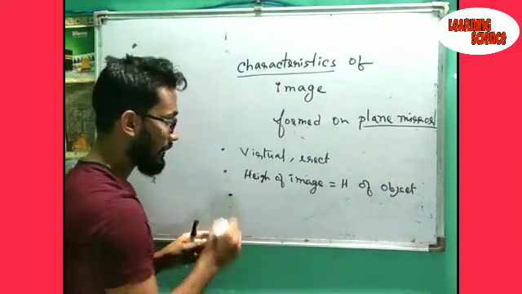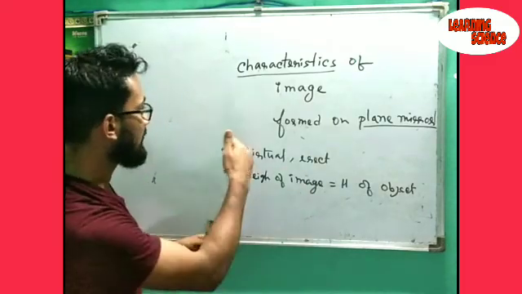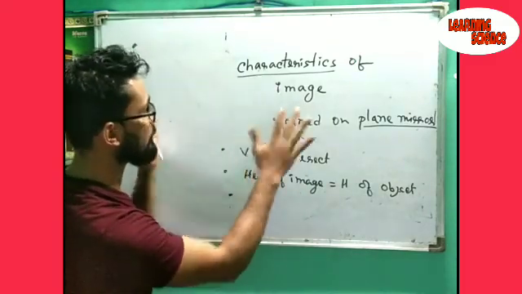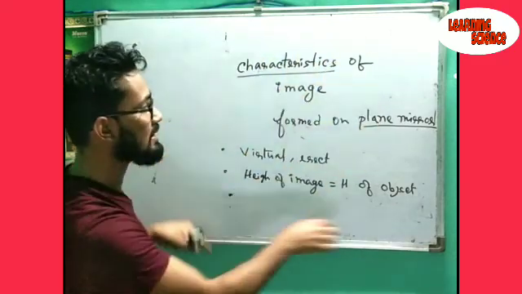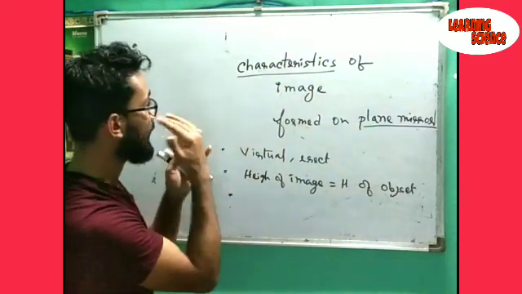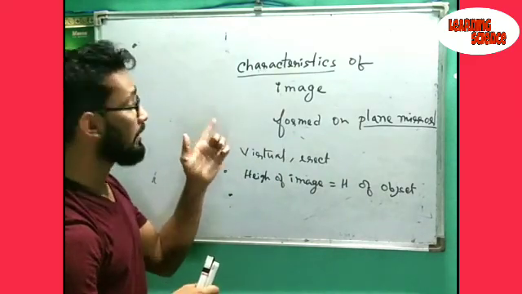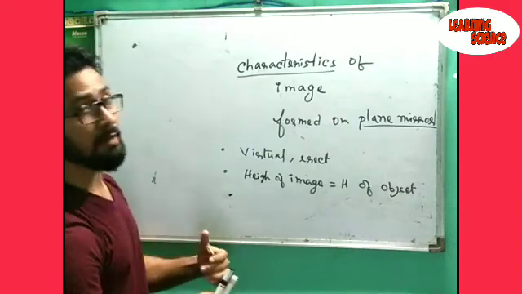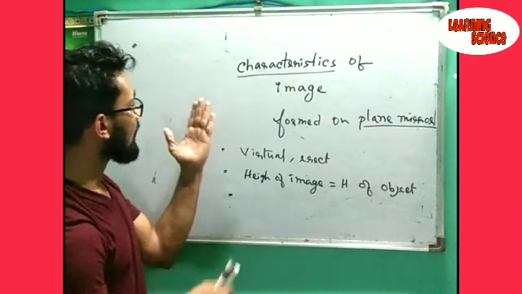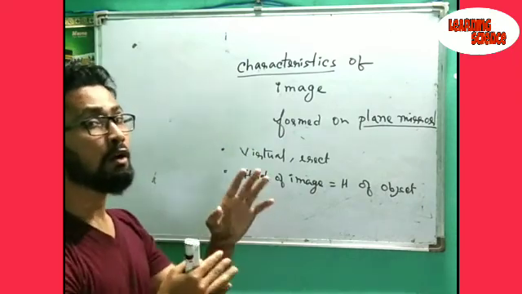Clear? Now we have also seen that, for example, imagine this board is acting as a mirror. I'm looking at this board, and I will see an image of me just behind the mirror. If I come closer to the mirror, that image will also come closer to the mirror.